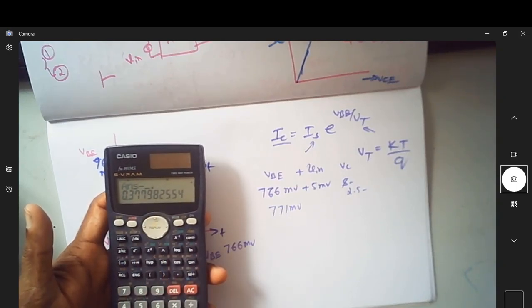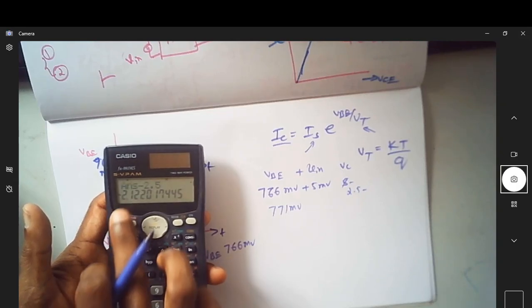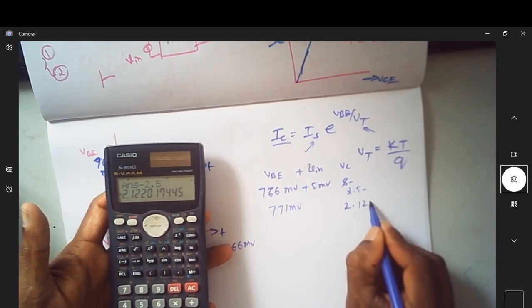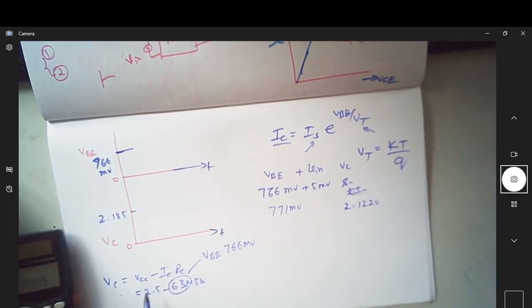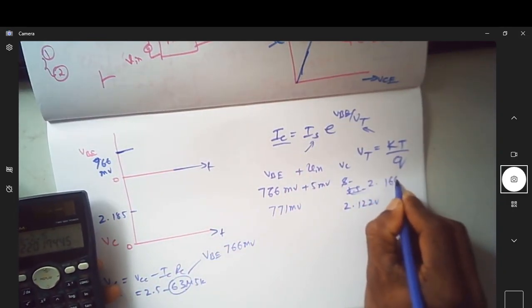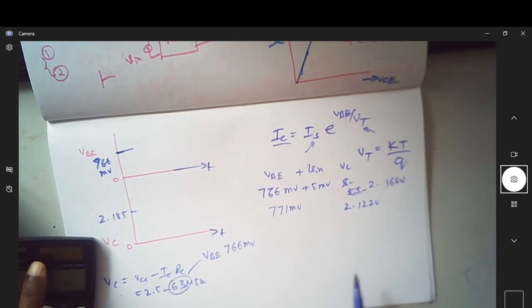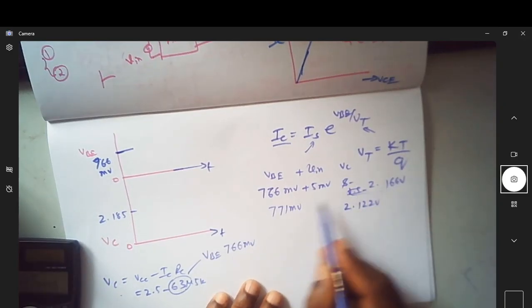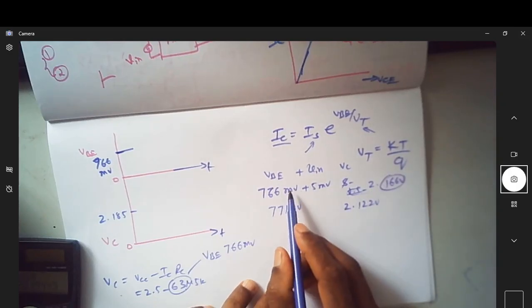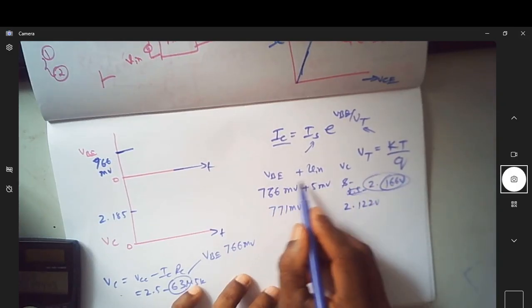So this is 2.5. So is this actually 2.122 volt? So you can see what the earlier voltage was. Earlier voltage was 2.166 volt. So VC was 2.166 volt when you didn't have any V in.